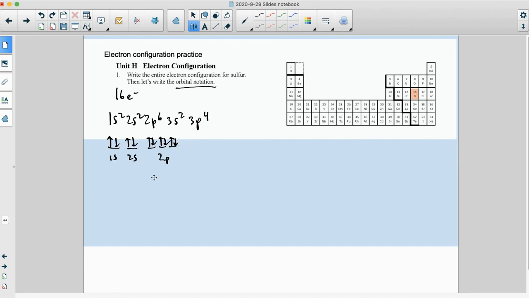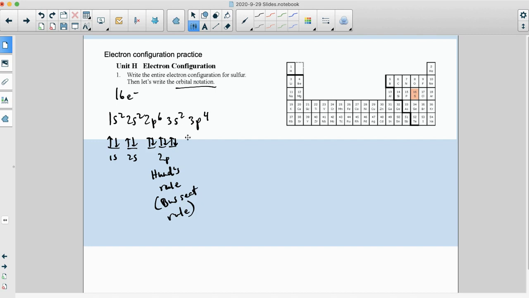This is called Hund's rule, the fact that we fill the empty orbitals first, or I like to call it the bus seat rule. When you get on the bus, you take the empty seats, and then if there is no empty seat, you go and sit down next to somebody. At least that's my experience in most buses.